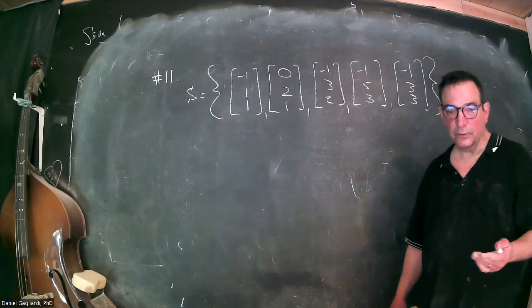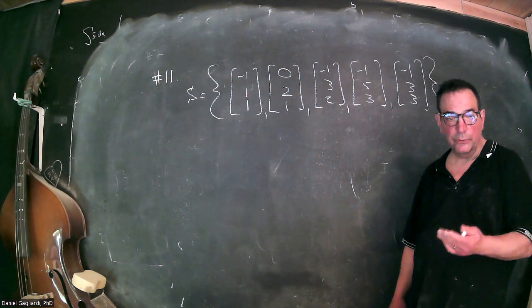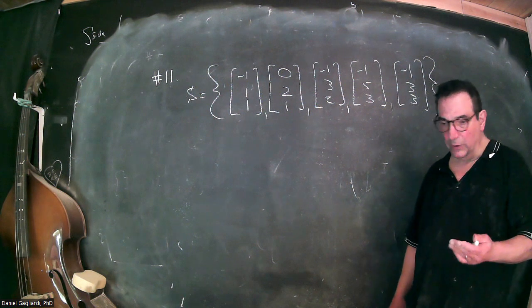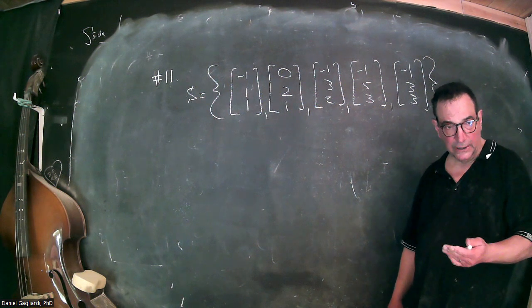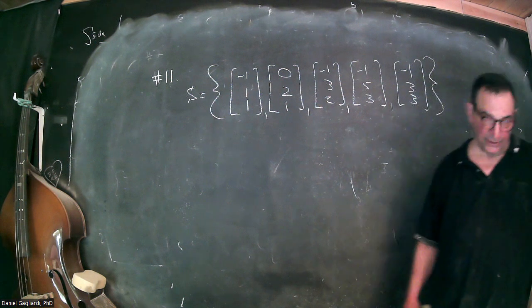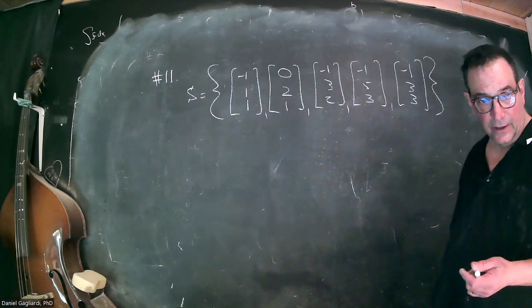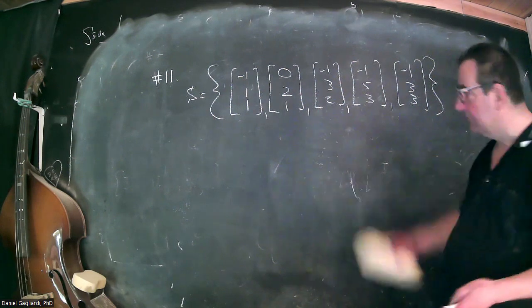This is a procedure called the trim procedure. And what we do is we row reduce this matrix, and then we look for the location of the leading ones. The location of the leading ones will give us precisely the vectors that we need to span the span of S. All right?